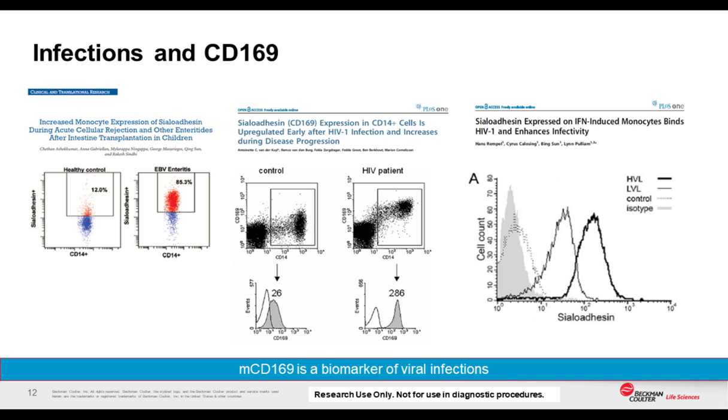CD169 is not constitutively expressed, and the induction of this marker on monocytes has been shown in a number of different viral infections such as HIV, Epstein-Barr virus, and with type 1 interferon expression. Monocytic CD169 has been shown to be a biomarker of HIV infection and disease progression. Further, it was shown that antiretroviral therapy led to a decrease in the monocytic CD169, corresponding to the decrease in the viral load.